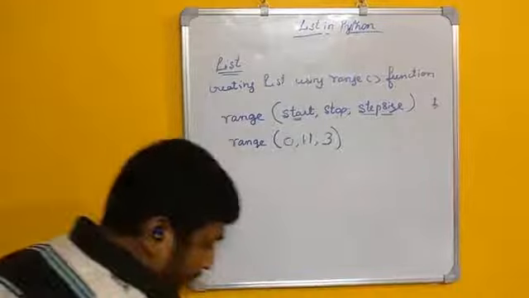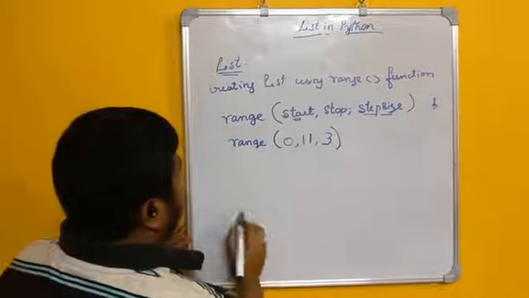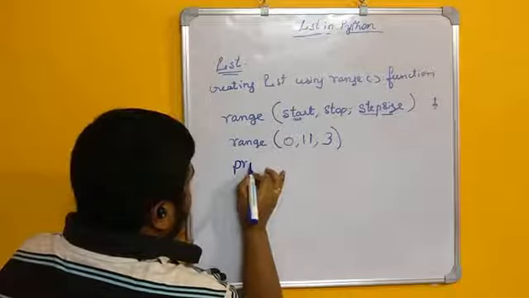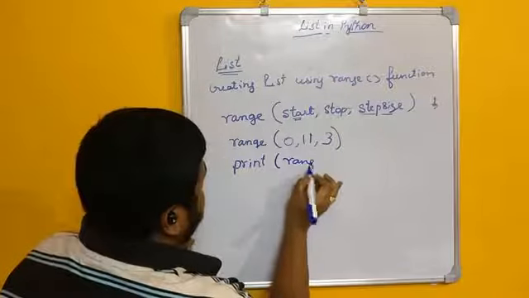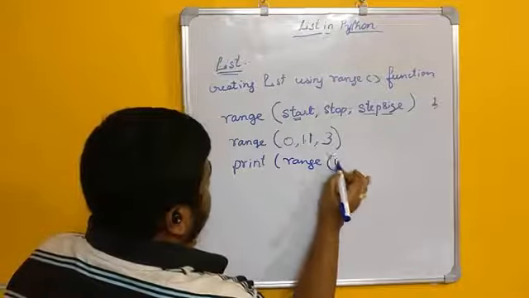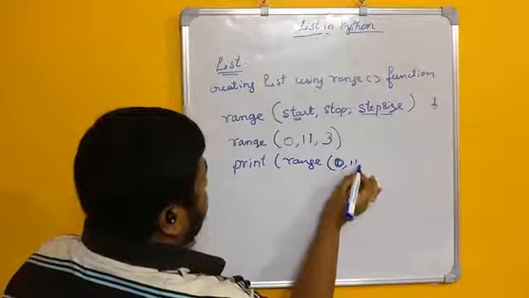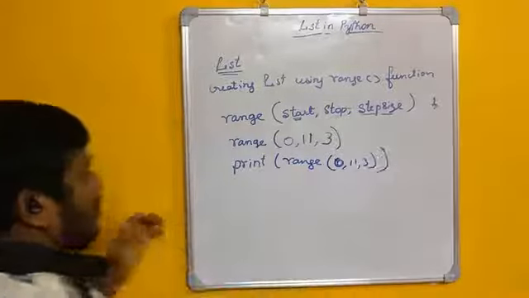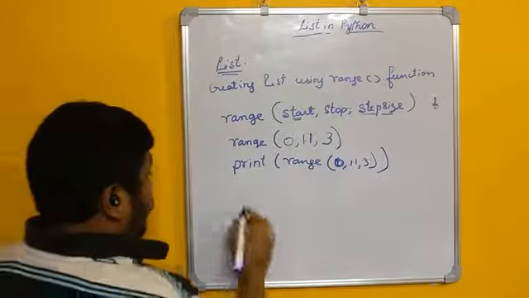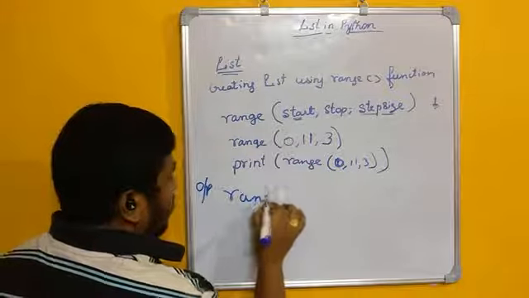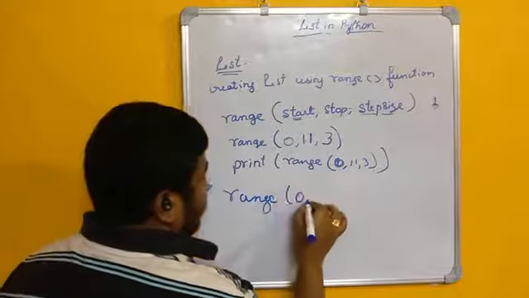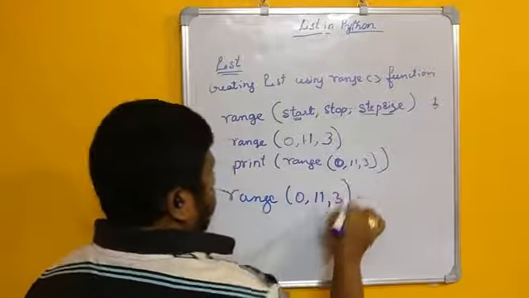For example, I have created the range 0, 11, 3 and I will say print(range(0, 11, 3)). What will it do? The output will be range(0, 11, 3).